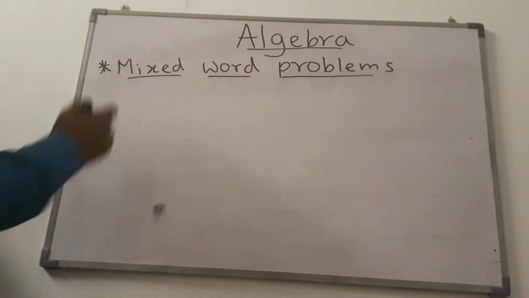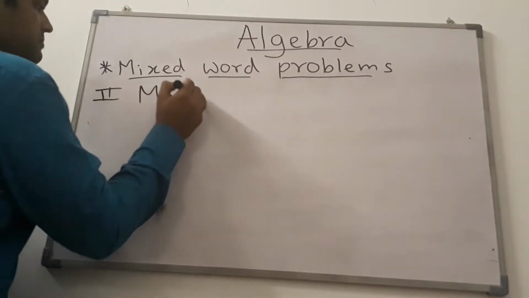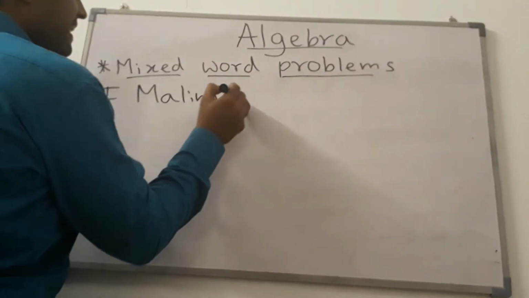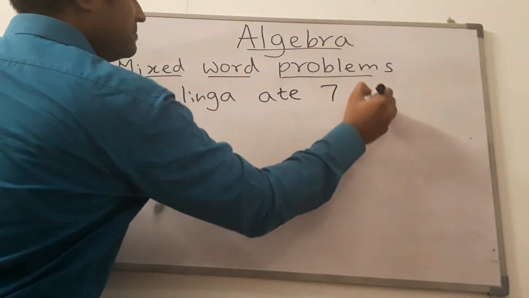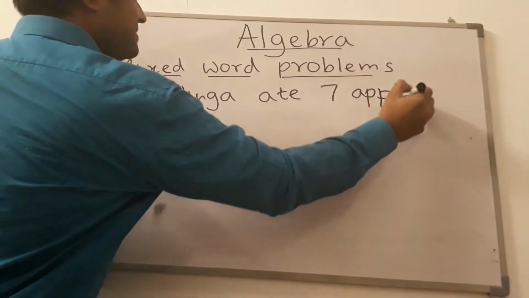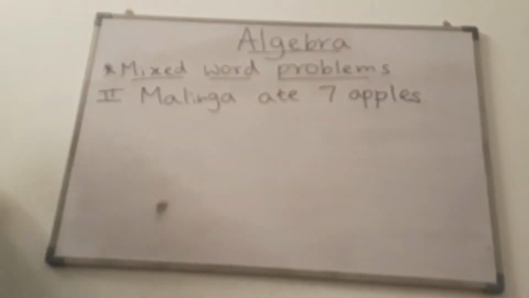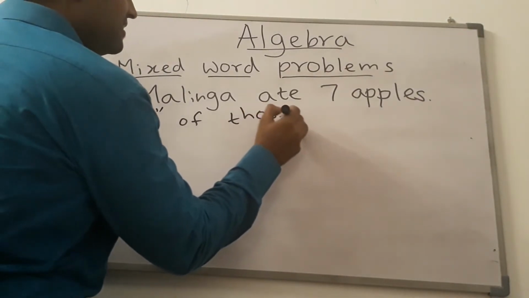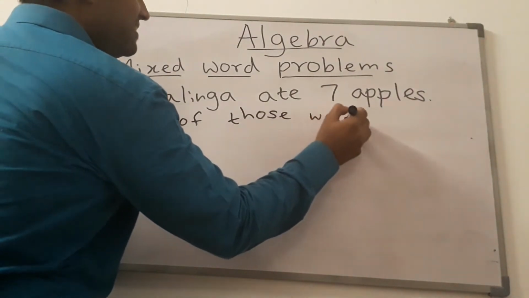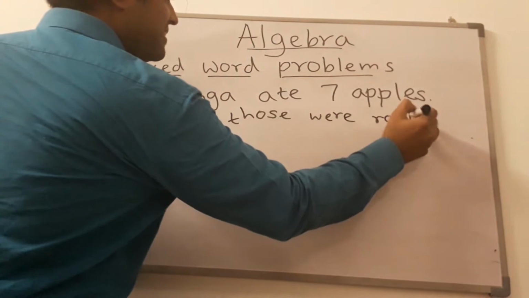Okay, second question. Malinga ate 7 apples. Just think 7 apples. X of those were rotten.